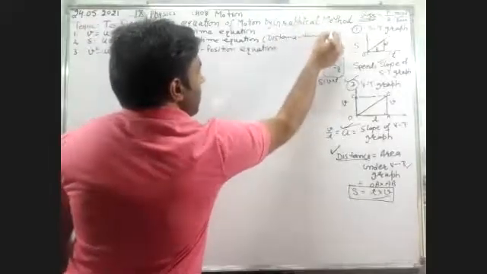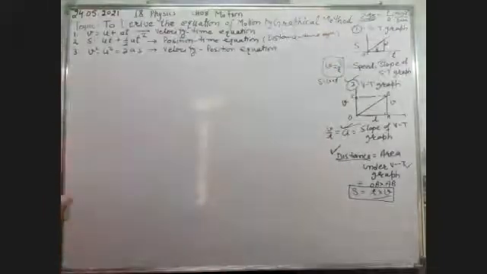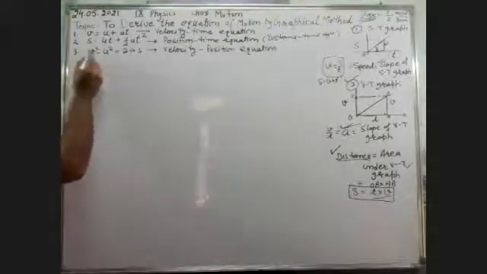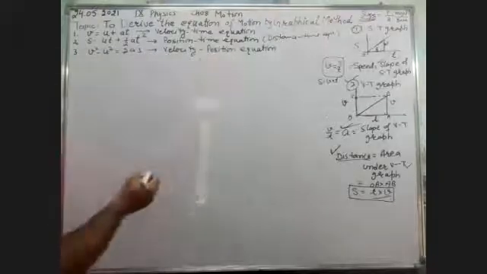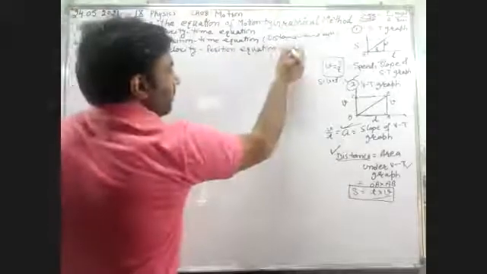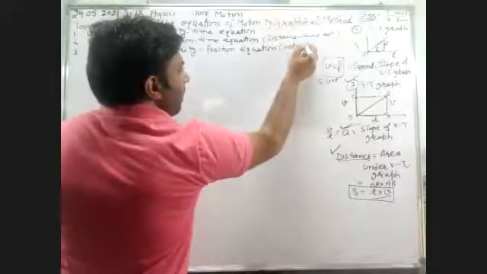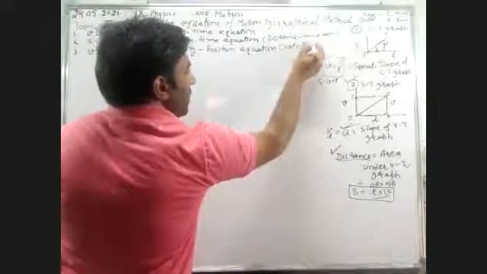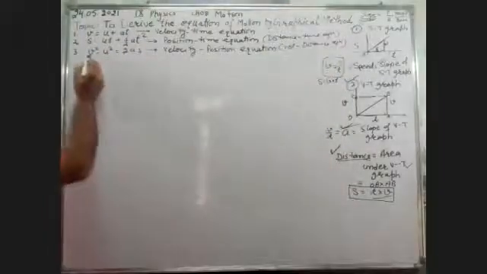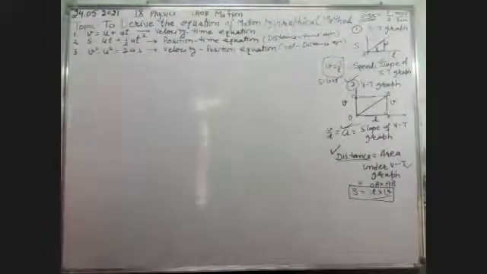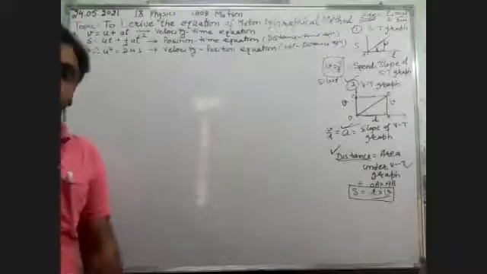The third equation of motion is v² - u² = 2as, the velocity position equation, or velocity distance equation, because velocity is given, and distance or displacement is also given.